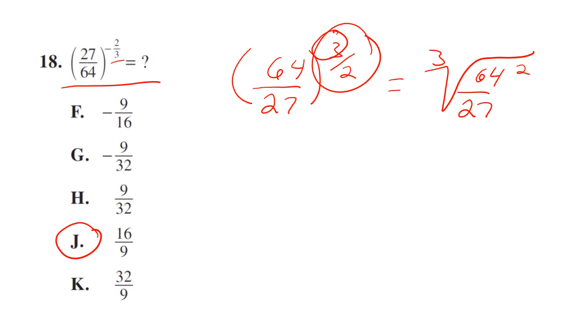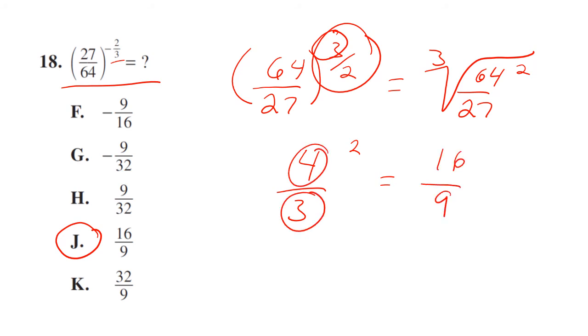Then we can take the square root and we get 4 over 3 cubed, which becomes 16 over 9. You should do the same thing to the top and the bottom. That takes more time and is ripe for mistakes, so I would just advocate putting it in your calculator, and if you have a TI-84 Plus or a TI-Nspire, it's just going to give you the answer. J.